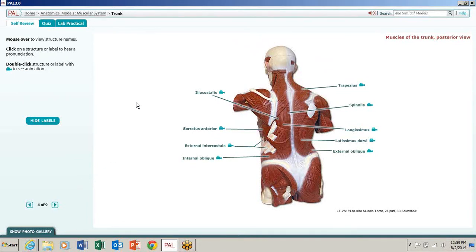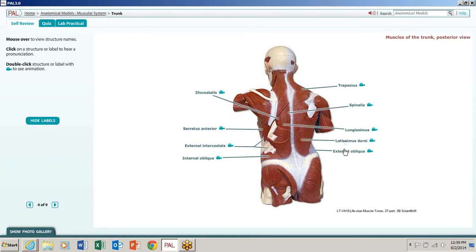And again, this is muscles of the trunk and posterior view, and on the left-hand side are deeper muscles, and the right-hand side are superficial muscles. But again, we can see the trapezius here. And this is the latissimus dorsi.